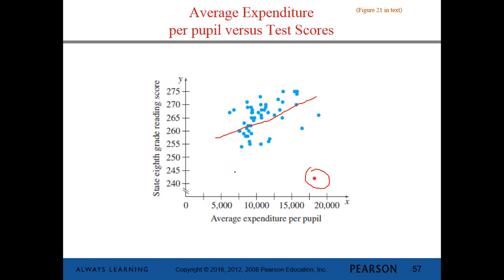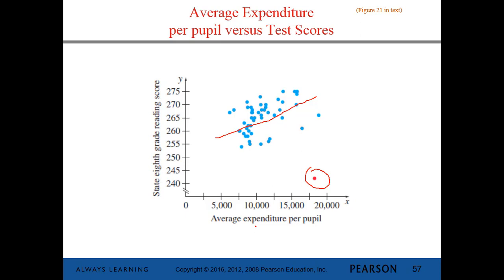This is the state 8th grade reading score, and this is the average expenditure that they spend by state. So how much money per student do they spend on average?